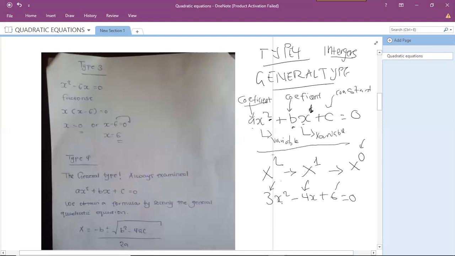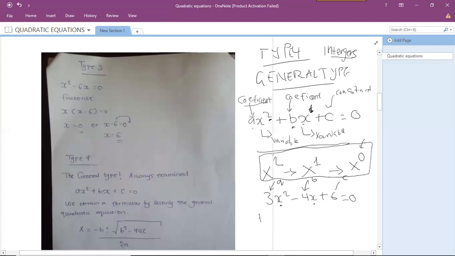The coefficient on x squared is a, the coefficient on x is b, and this is the constant term. Remember it has to be in this order, decreasing powers of x: x to the power of 2, x to the power of 1, x to the power of 0.